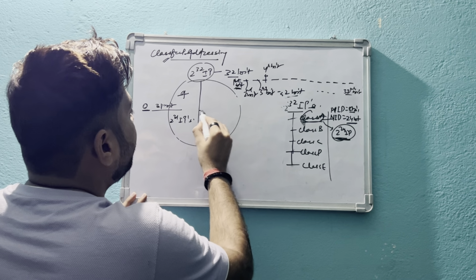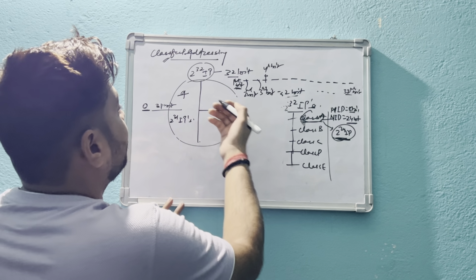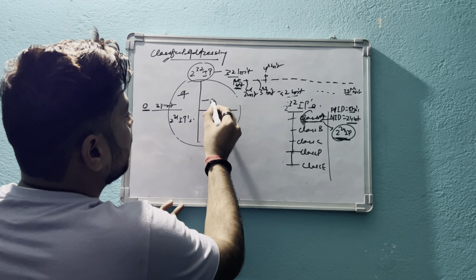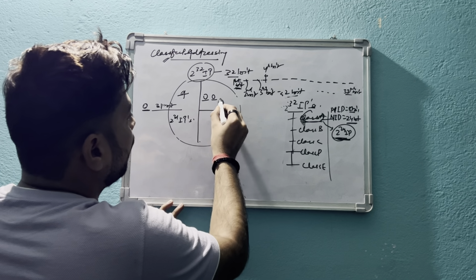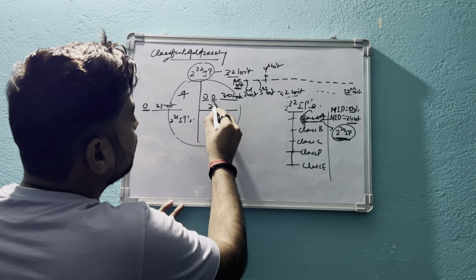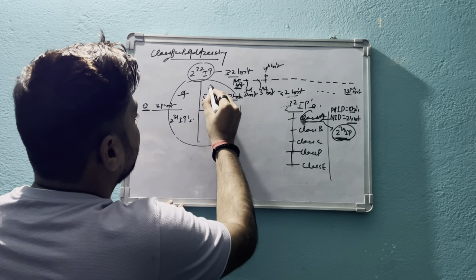Now for class B, I am further dividing into half. That is, I need to fix the first 2 bits, that is first and second, 0 and 0, and the rest I am left with 30 bits. Ends up creating 2 to the power 30 IPs for class B.